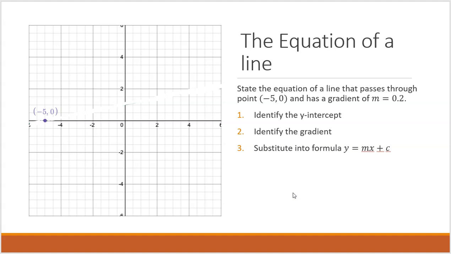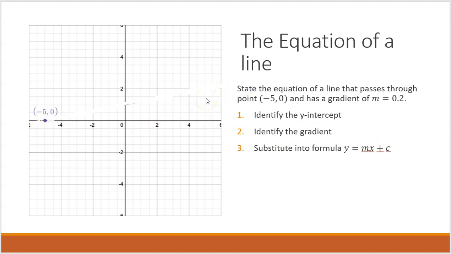Now we could simply do it all algebraically, and we can substitute in the point (-5, 0) and m into the equation, and then figure out the value of c, or we can graph it and then extrapolate the data from there.